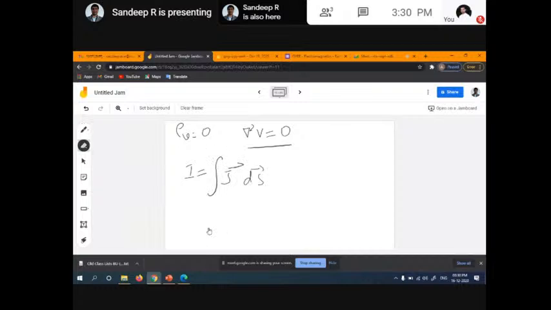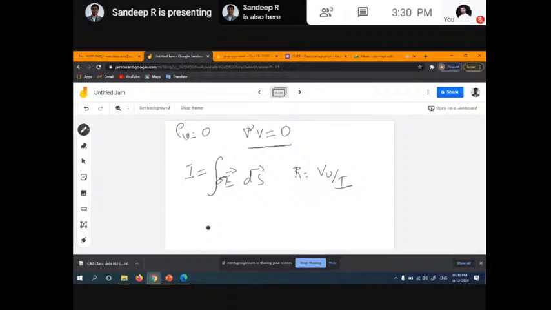I have already stated Ohm's law, J is equal to sigma into E. Using that, I can write I as the integral of sigma E dot ds. Once I find I, I can determine R is equal to V naught by I. This is how you can use the Laplace equation to determine the resistance of the object.